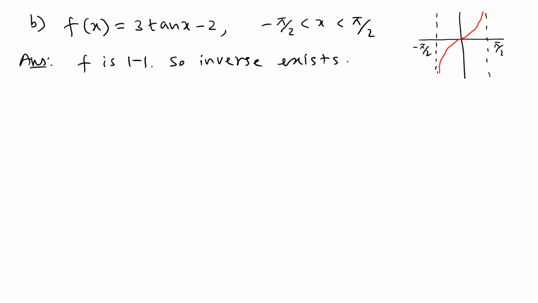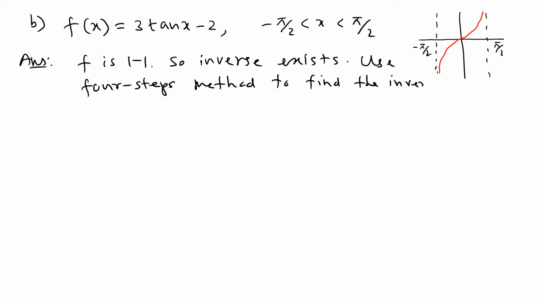So what we can do is use the four-step method to find the inverse. So again, we start with f(x), which is equal to 3 tan x minus 2.